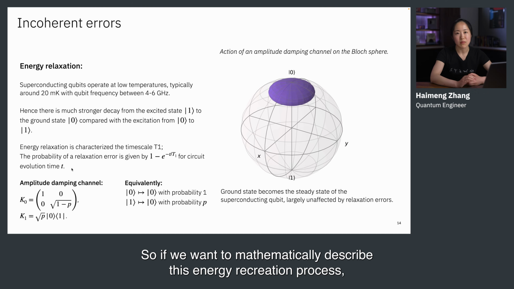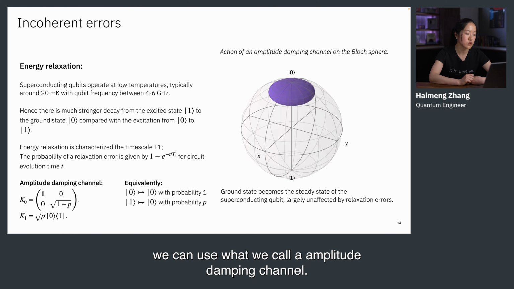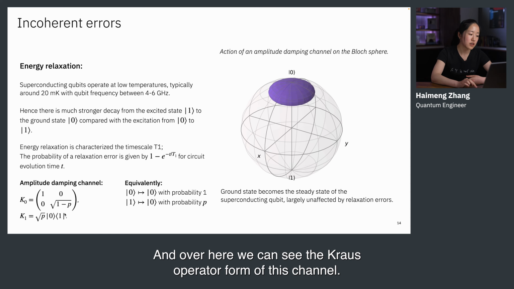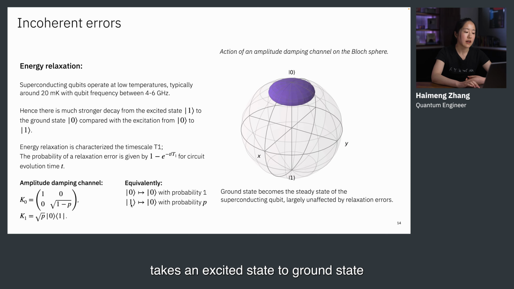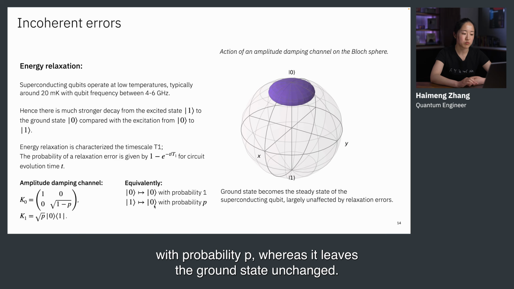If we want to mathematically describe this energy relaxation process, we can use what we call an amplitude damping channel. And over here, we can see the Kraus operator form of this channel. But basically, what this channel does is that it takes the excited state to the ground state with probability p, whereas it leaves the ground state unchanged.